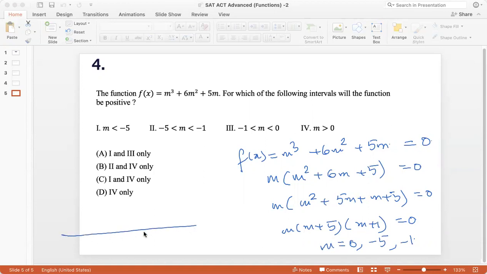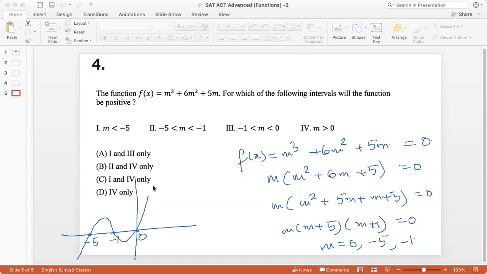So on the coordinate plane, my roots are -5, -1, and 0. So my function will look like this, right? It would start from the bottom left because the leading coefficient is positive, and then it would rise, cross at -5, come back at -1, then fall, and then rise again to cross at 0, the 3 roots.